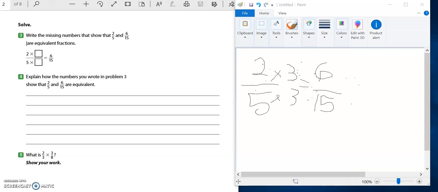Number 4, it says, explain how the numbers you wrote in problem 3 show that 2/5 and 6/15 are equivalent. So, since you can multiply both the numerator and the denominator of 2/5 by the same number, which is 3, to get 6/15, it means that 2/5 and 6/15 are equivalent because it is the same as multiplying 2/5 by 1, which is 3 out of 3. Okay?